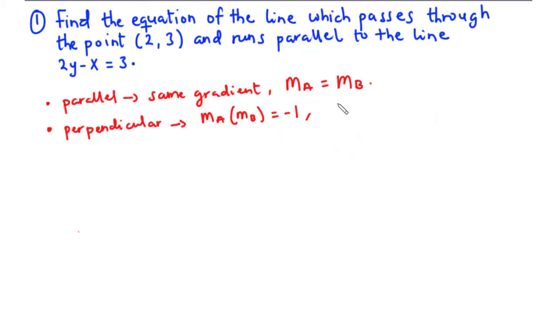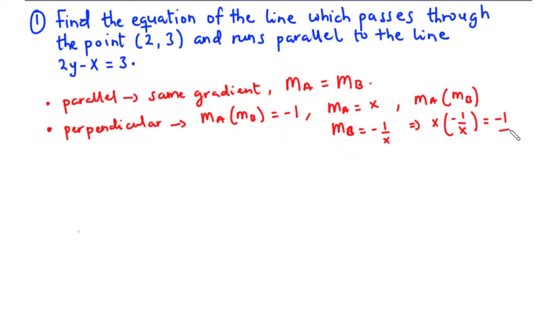In that case, if the gradient of line A is assumed to be x, then the gradient of line B is the negative reciprocal of the gradient of line A. So MA times MB becomes x times -1 over x, which is equal to -1.